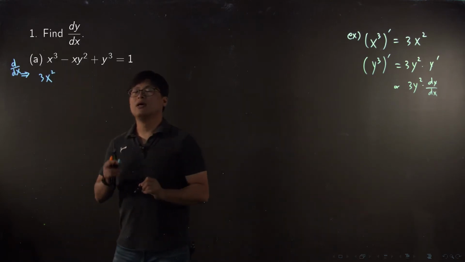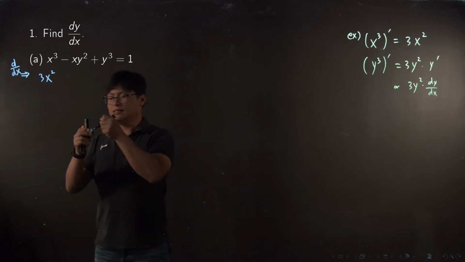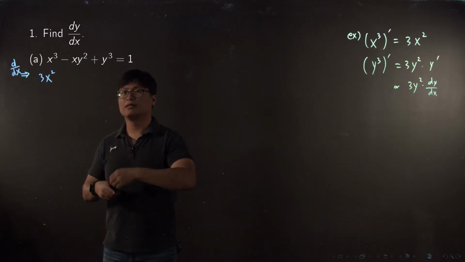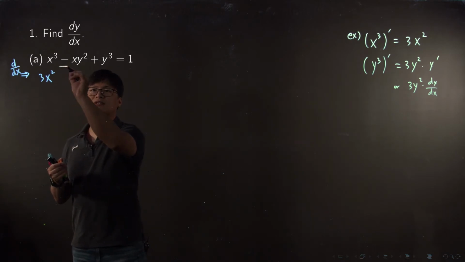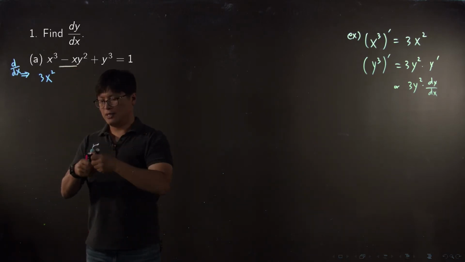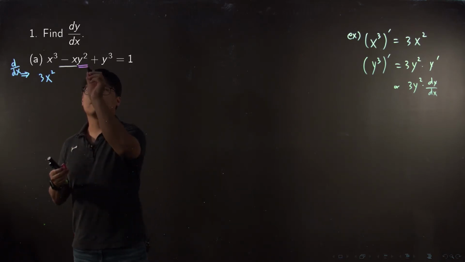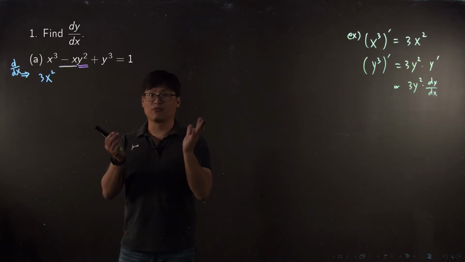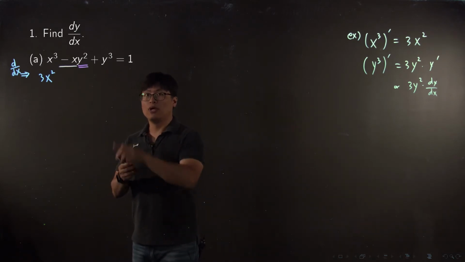But the second one, you have to be careful, because minus x is the first function, and y squared is the second function, which means it is product form. Does it make sense? So we have to do the product rule for this second term.